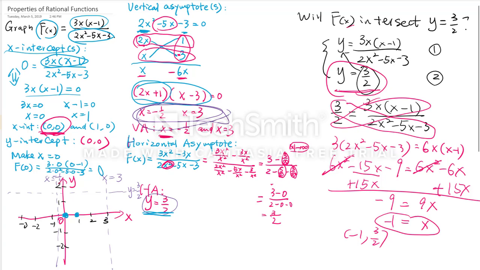Okay, then next, our graph will cross the horizontal asymptote at negative 1, 3 over 2. So let's mark it. Negative 1, 3 over 2. That means our graph will cross the horizontal asymptote at this point. Okay, now we can graph.